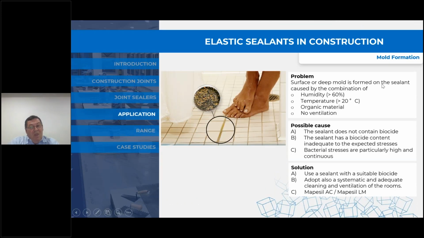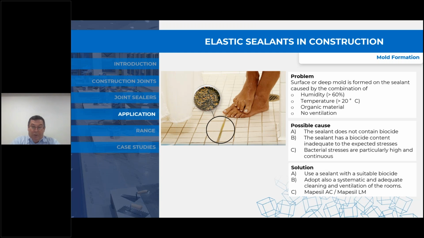Okay, in the bathroom, in wet areas, mold formation is something that everybody's seen over the years. So the surface or deep spores of mold go into the sealant. The perfect scenario is a high humidity, higher temperature type application, where moisture sits for a period of time. Possible causes: the sealant doesn't have a biocide in it or not sufficient biocide, or the bacterial stresses are particularly high and continuous.